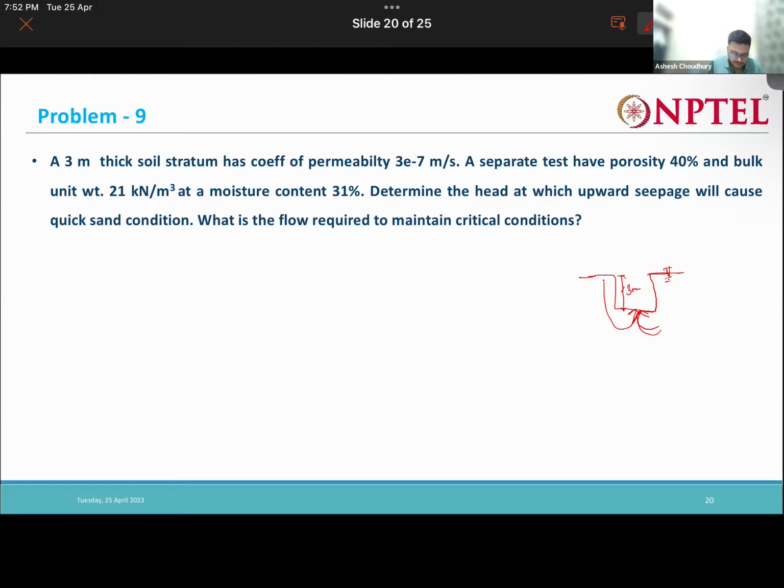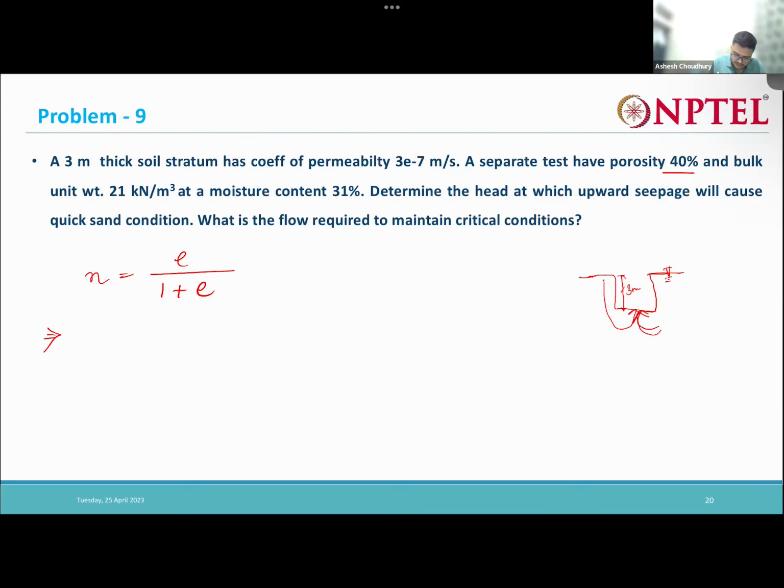First, let us do the simple thing. Let us find out the void ratio. So n is given, right? Porosity is given. So n is 0.4.